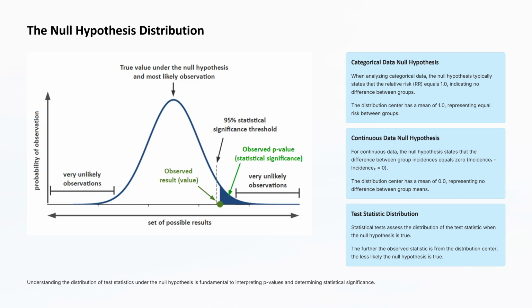So the distribution centers on the mean of 0. For that curve, you can see there at the left, if it was categorical data, the true value under the null hypothesis would have a center of 1, and continuous would be a center of 0. And we're looking to see if your test statistic is actually falling way outside of that and basically falls beyond that 95% statistical significance threshold.